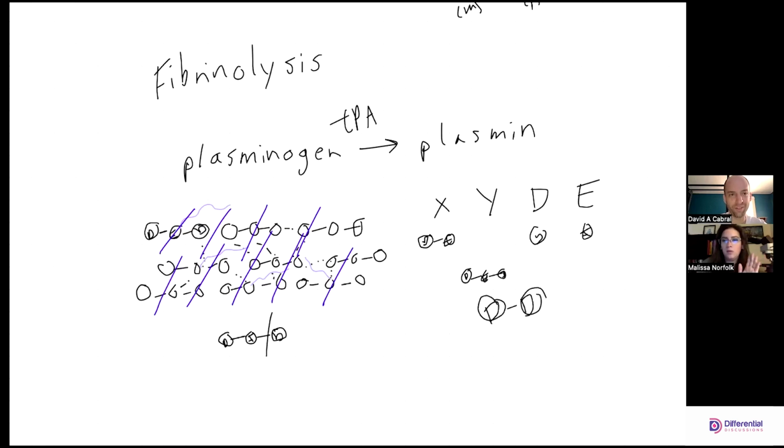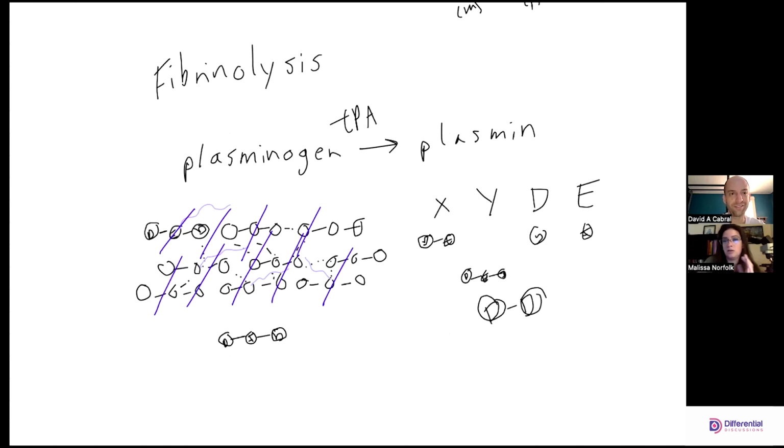Now, take a look at fibrin. Let me erase this line here going through. Just take a look at fibrin. So if you break down fibrin all on its own, you could get a DE piece, right? You could get an ED piece. You could get a D piece. You could get an E piece.